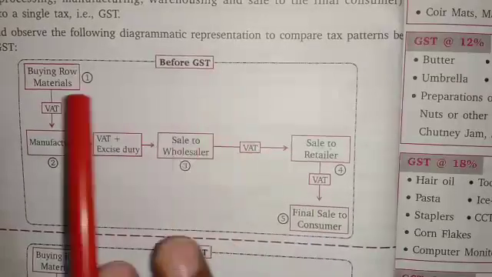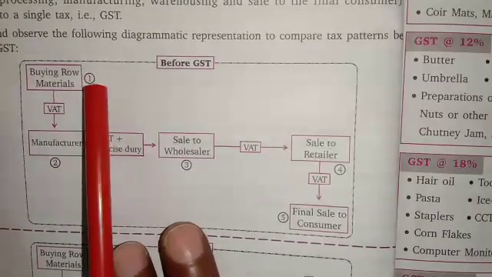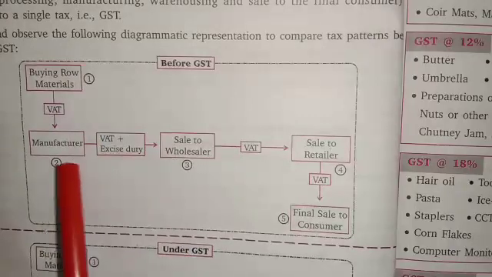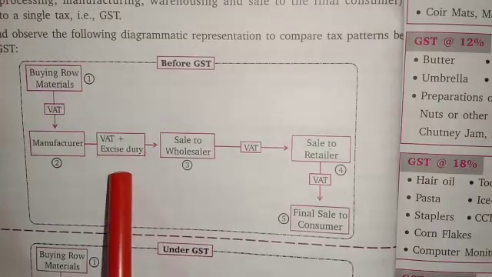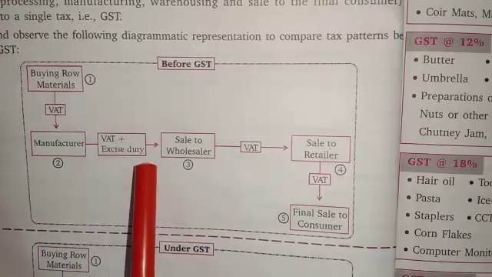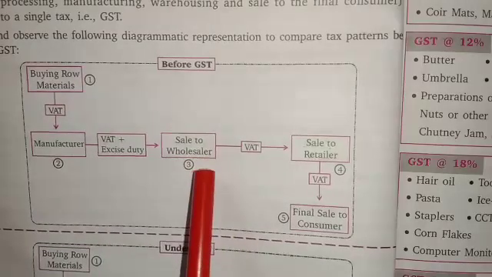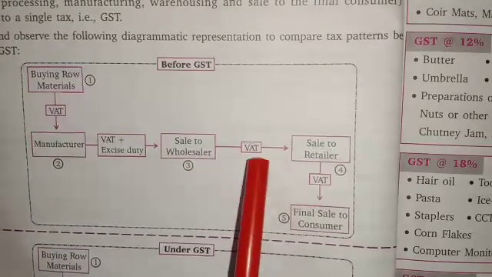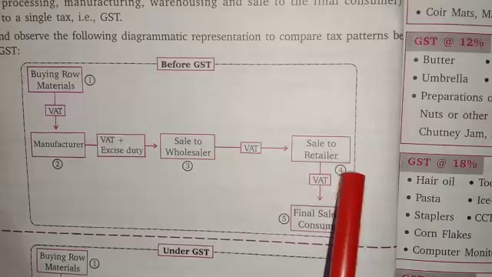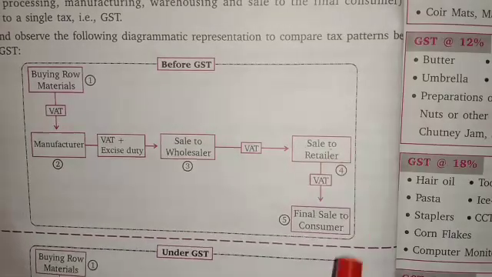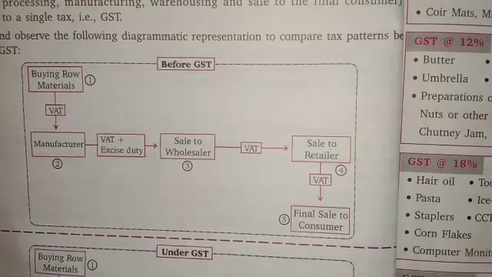Before GST, it was going like this: buying raw materials, then VAT, then manufacturer, again manufacturer plus VAT or excise duty, going to sales to wholesaler, again VAT, again it is going to sales to retailer, again VAT added, again retailer to final sale to consumer.